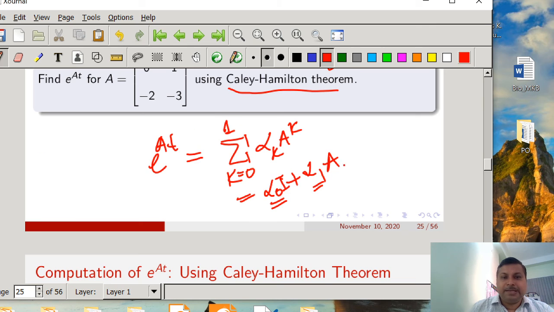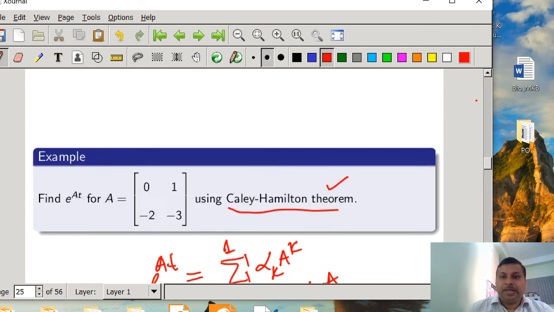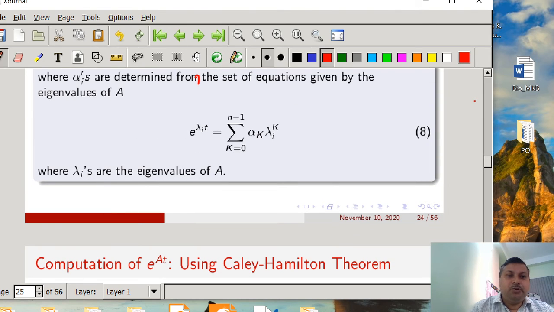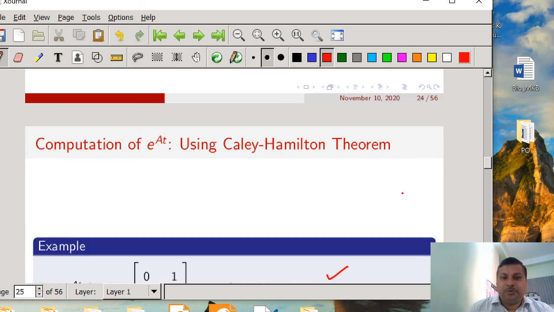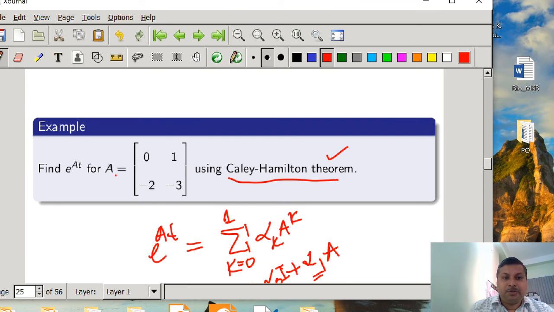Equation number 8 has given how to calculate alpha 0 and alpha 1. That can be calculated if we know the eigenvalues of the matrix A, because it is e to the power lambda t. So let us calculate the eigenvalues of the A matrix.